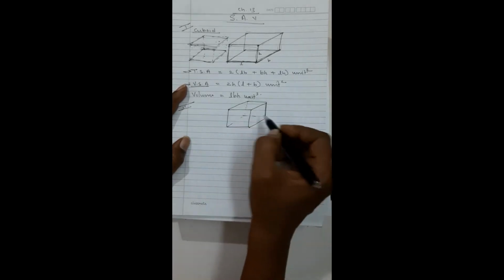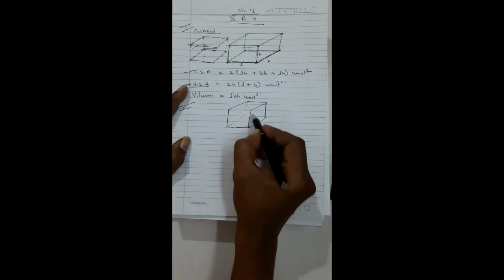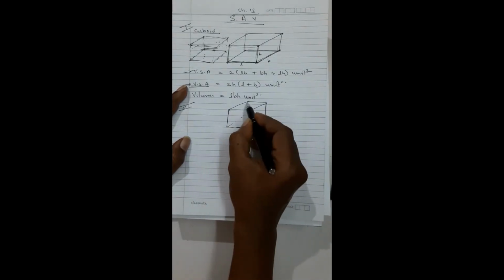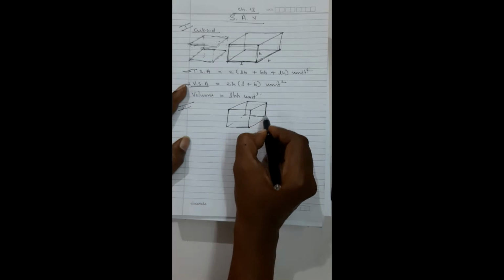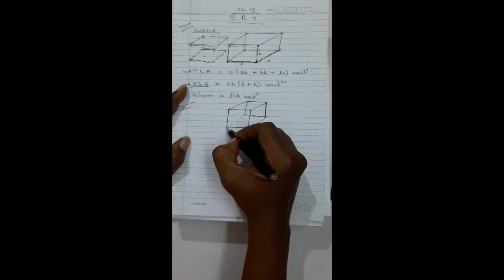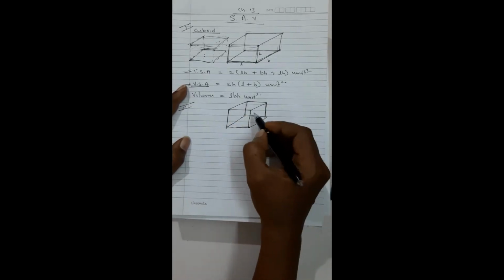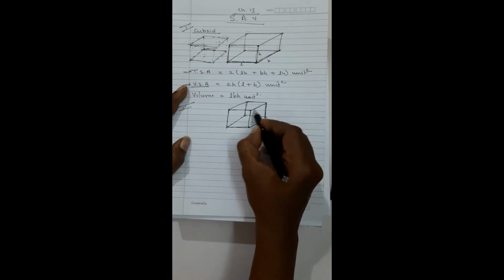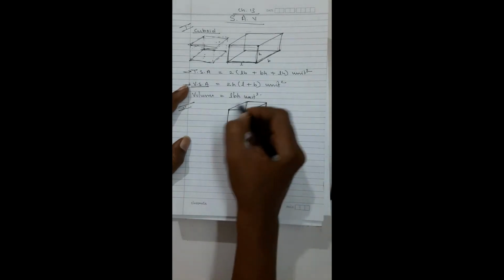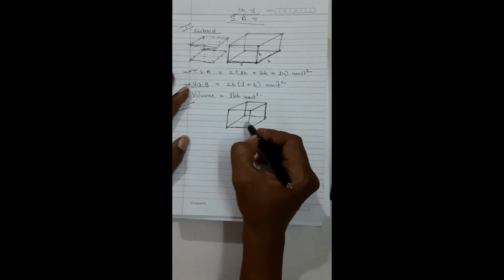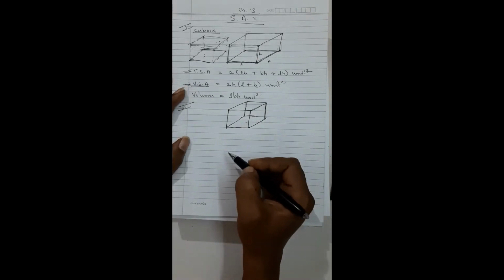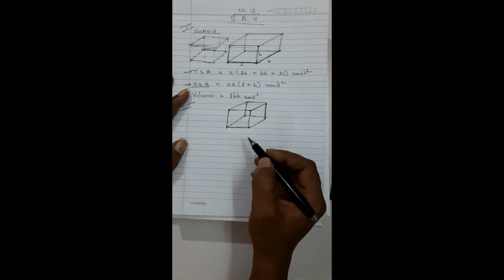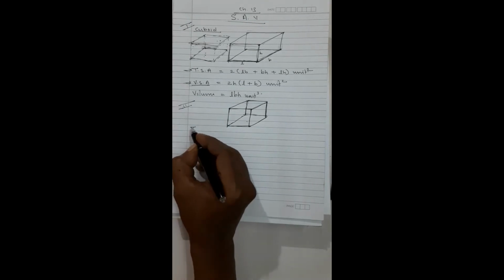So this is a square, forward, backward is a square, then sides, left hand side vertical, right hand side vertical, these are squares. So 4 vertical surfaces which are square, and then one bottom and one top square. Everybody is a square.